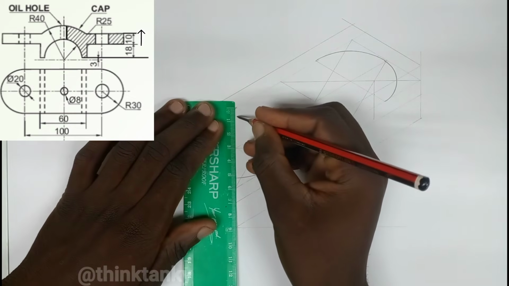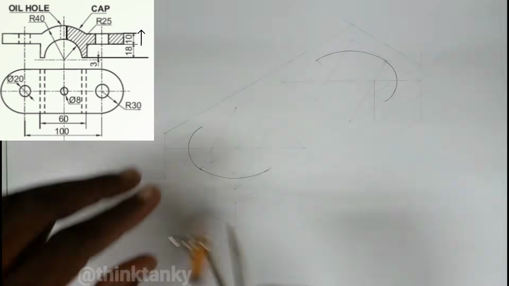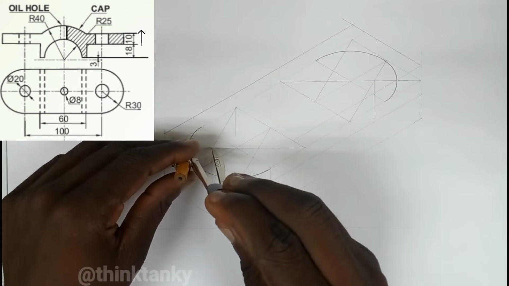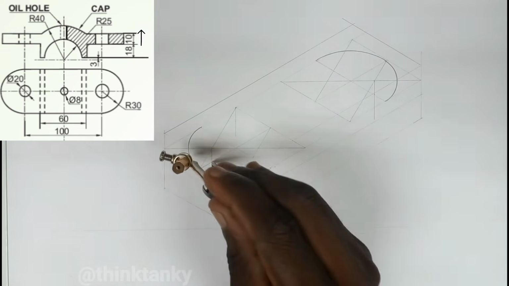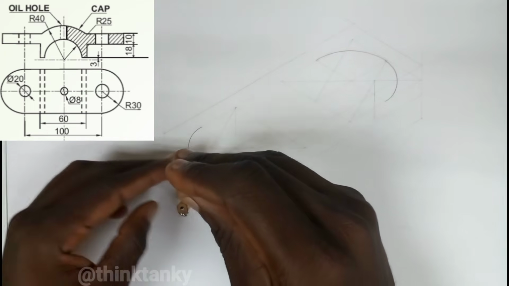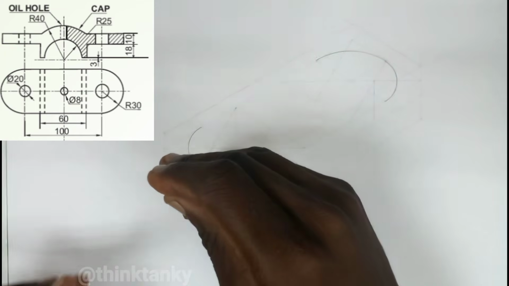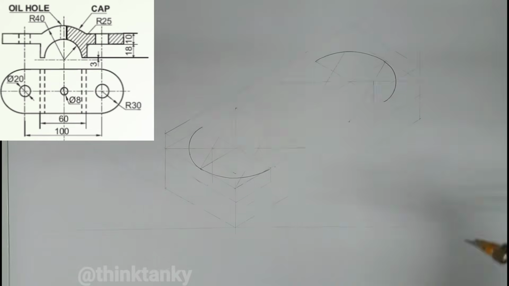After doing that, you take a compass. So when I draw this one, ascending here, just go downwards. Strike an arc like this.